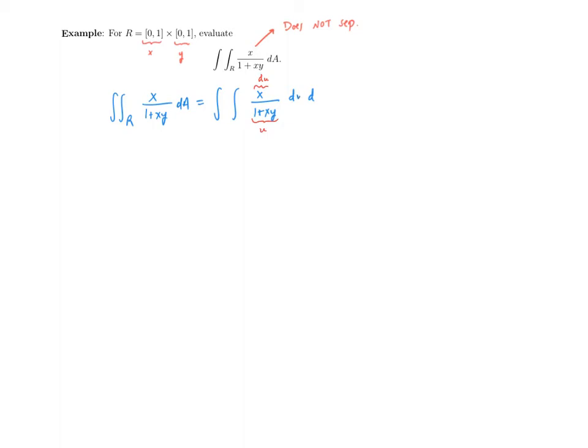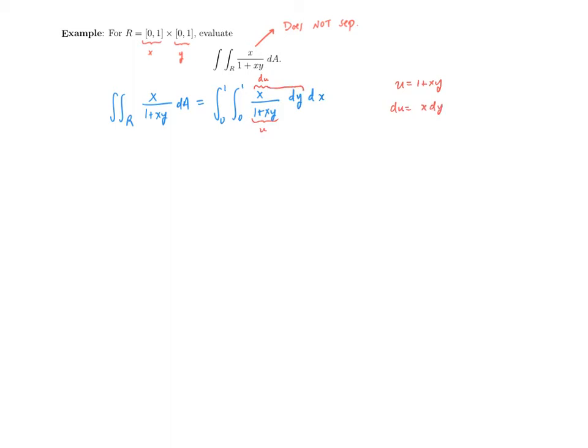If you said y, I agree. So if we put y on the inside and x on the outside, we can start off by using a substitution. Our substitution would be u is 1 plus xy, and du is exactly what we see, x dy.